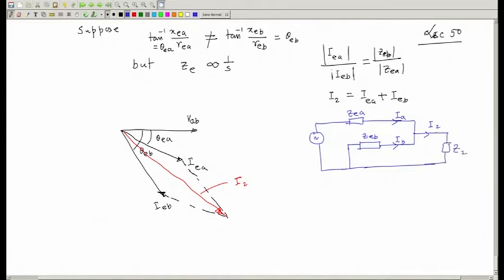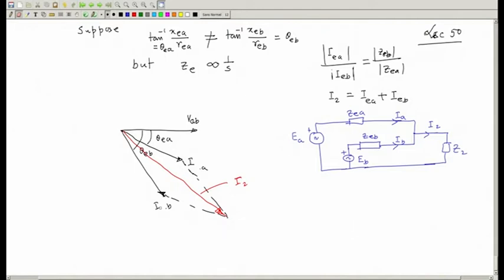Same thing, only here the sources will be there, EA and EB. So your I2 is equal to IA plus IB, for transformer A and transformer B.